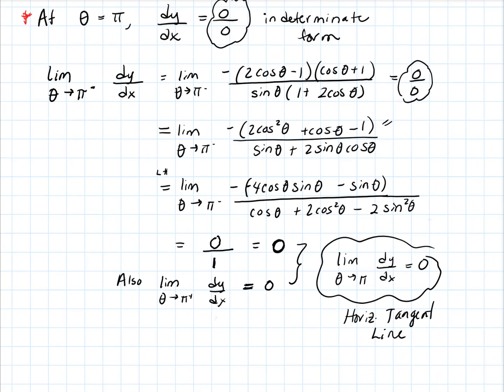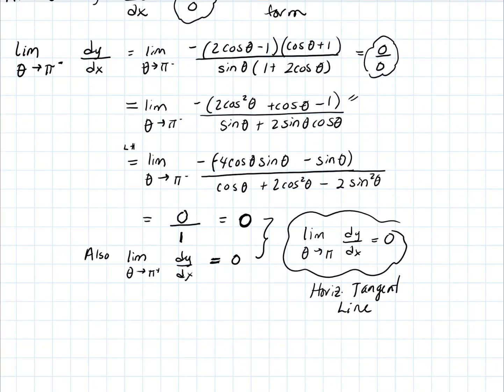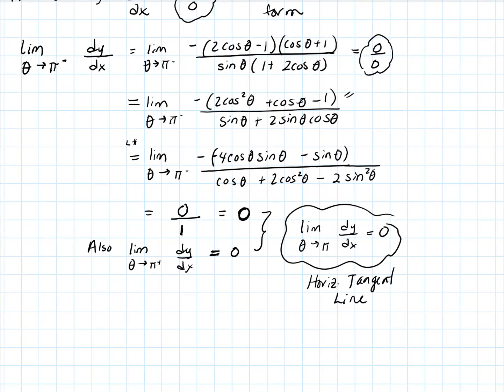There's a horizontal tangent line occurring when theta equals pi, and when theta equals pi, we're at r equals 0. So that is at the r theta pair 0 pi.